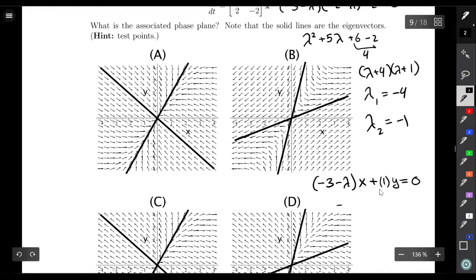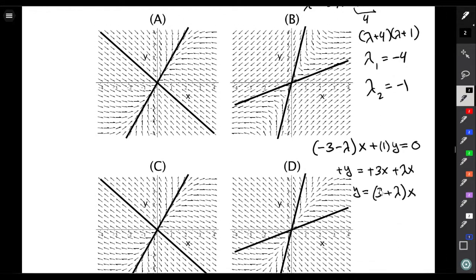So y, it's going to be -y, take it over on the other side, is equal to (-3 minus lambda)x. Remove the negatives from each side, so it's going to be y equal to (3 plus lambda)x. So now we're just going to sub it in.